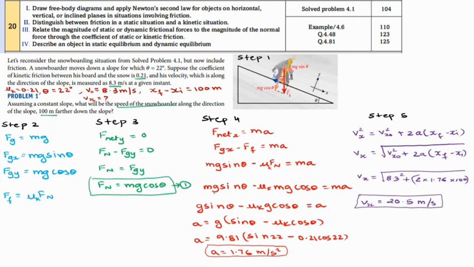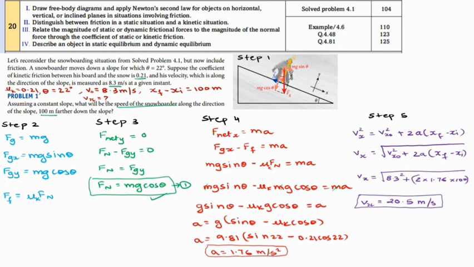So in the next part, I have written mg sine theta minus mu k, and in place of Fn, I have written mg cosine theta from here. m is common for all, so I will cancel m. You can only cancel m if it's on each term on both sides. So I'm left with g sine theta minus mu k g cosine theta equals a. Substitute the value, that will give you a as 1.76 meters per second squared.